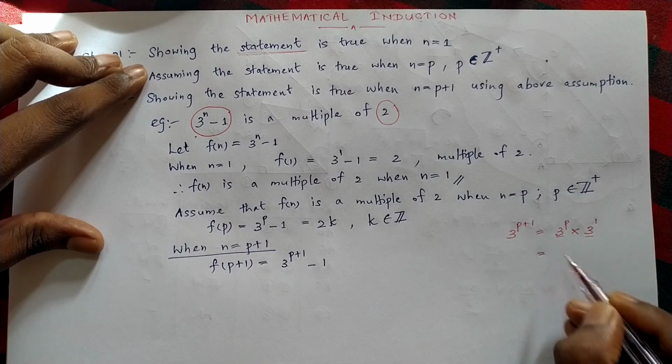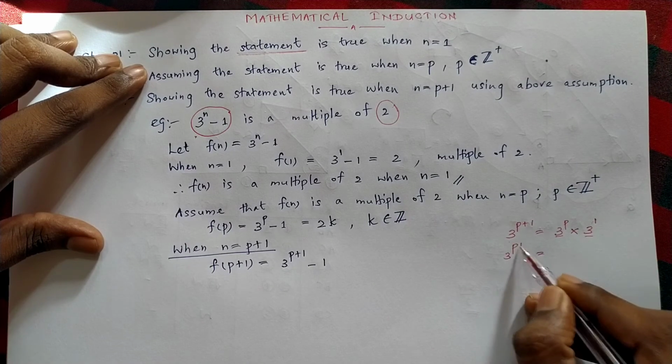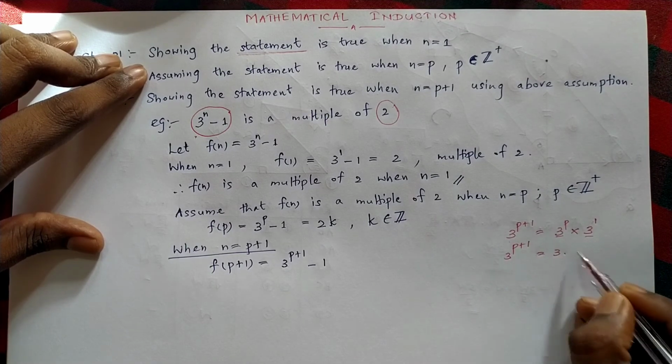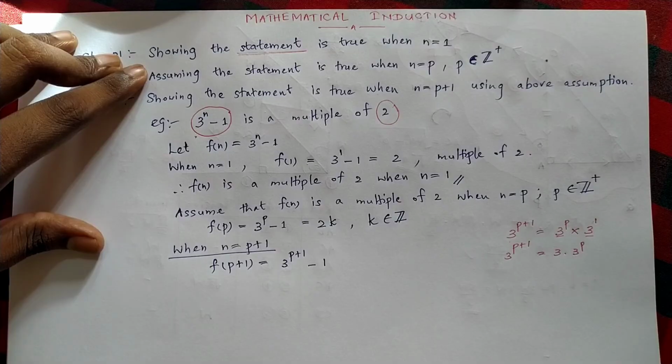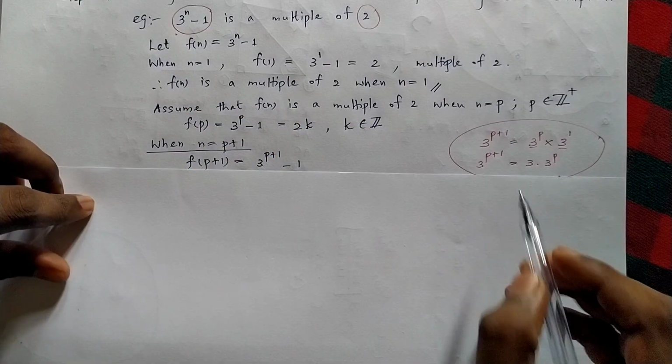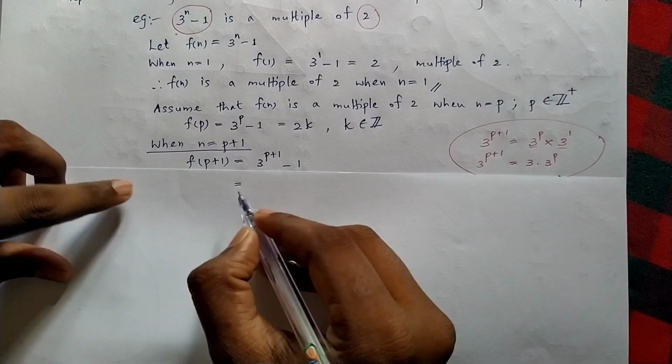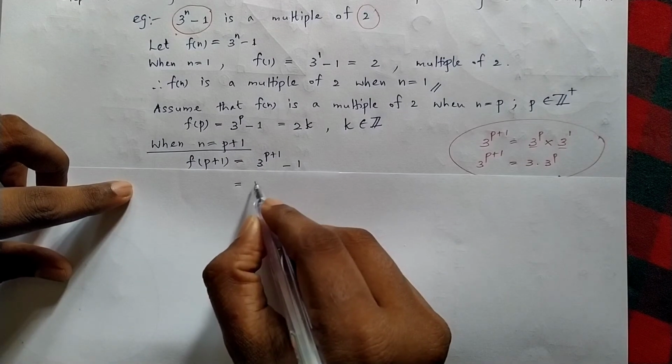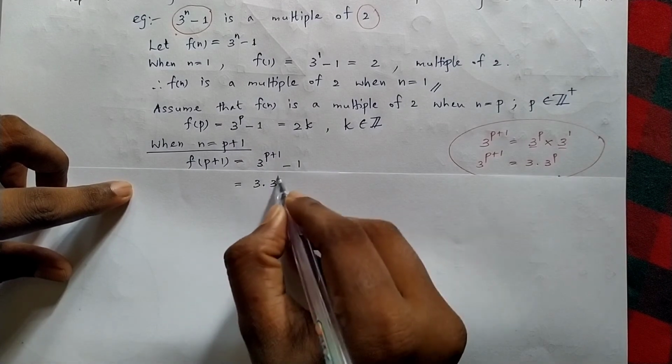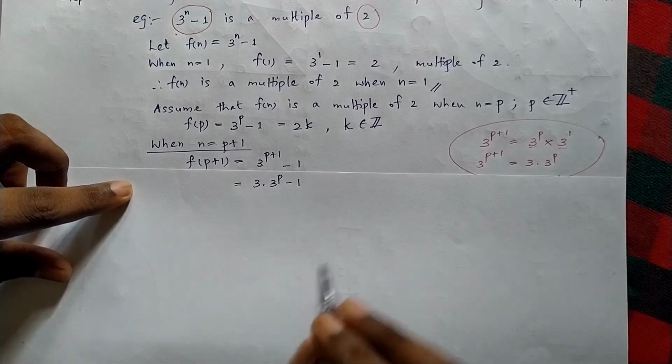So I can write this 3 to the power p plus 1 as 3 into 3 to the power p, and here we have minus 1.